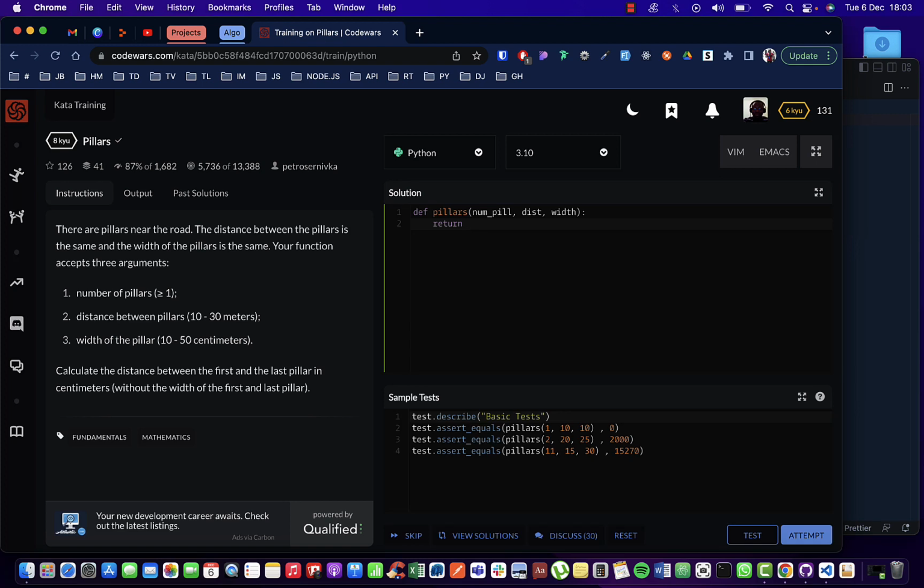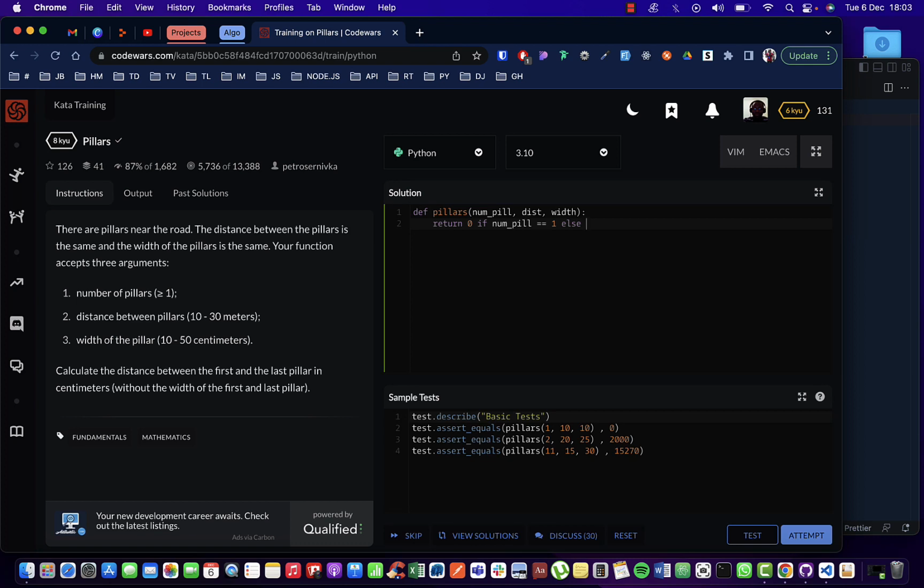Then Python uses if else for the ternary operator. So it will say return 0 if num_pil is 1, else, and now we're going to actually do what we did before in JavaScript.